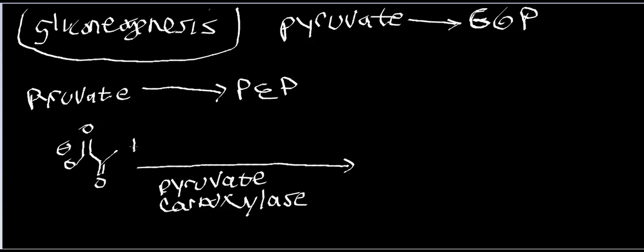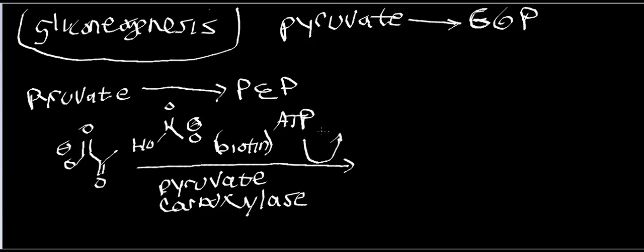And as a result, bicarbonate-dependent carboxylases usually use biotin. They are biotin-dependent enzymes, and biotin is involved in the mechanism. At the same time, a lot of these carboxylases tend to hydrolyze ATP. It's not that any part of the ATP becomes involved in the intermediate, it's simply the release of free energy that drives the reaction.